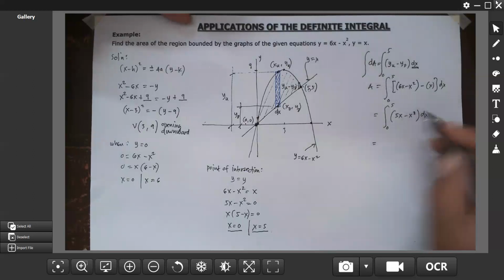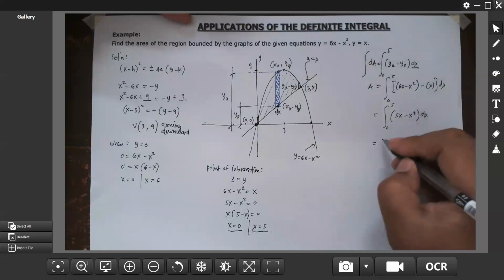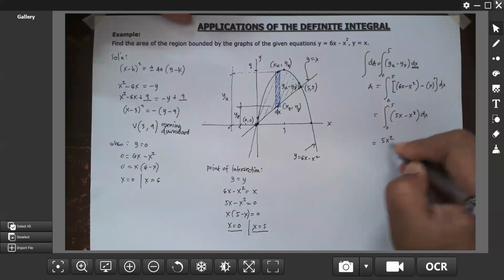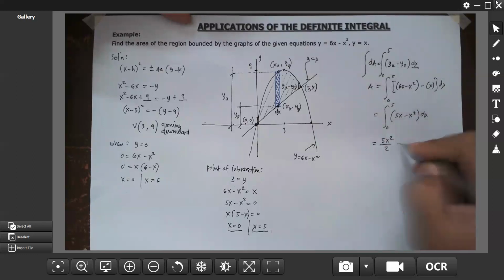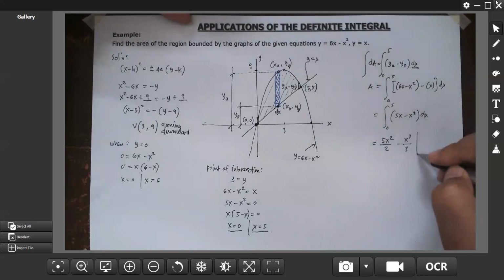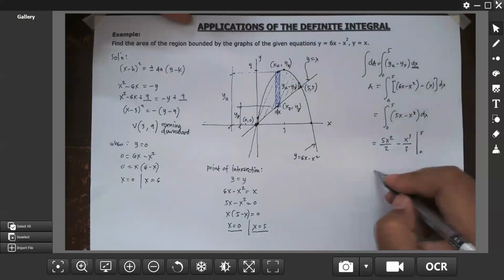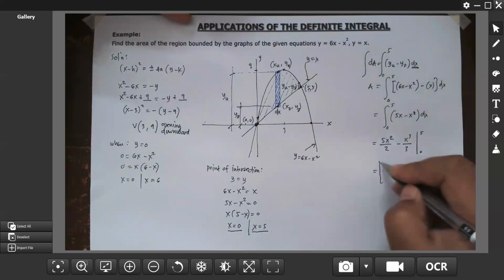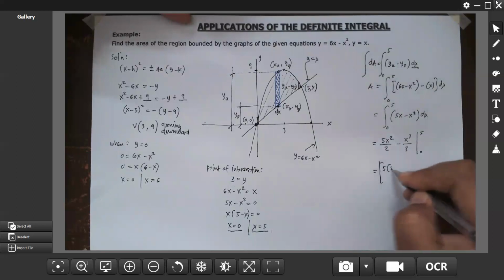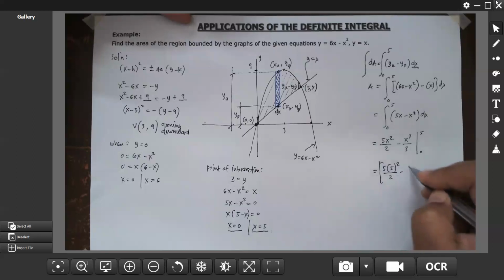And then we integrate. Integral of 5x, that's 5x squared over 2, minus x squared dx, that's x cubed over 3. From lower limit to upper limit. And then we evaluate 5 times 5 squared over 2 minus 5 cube over 3.